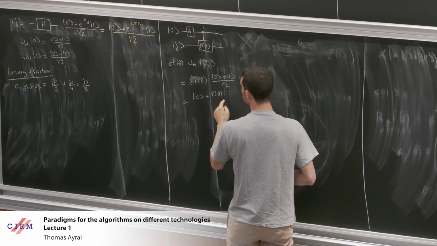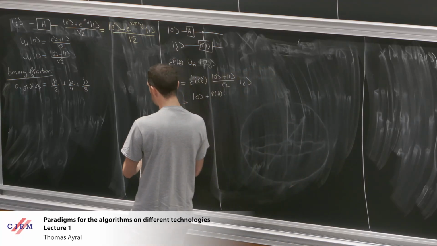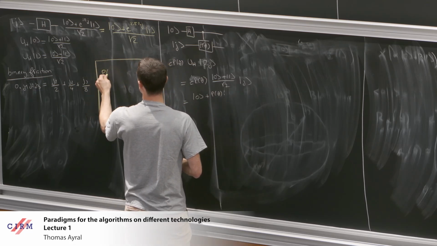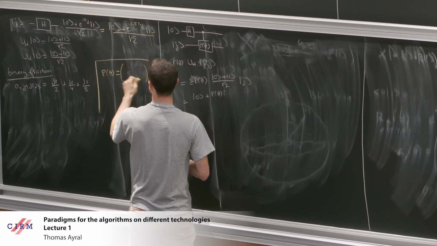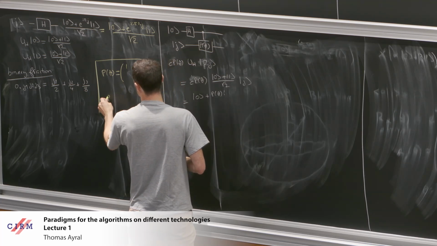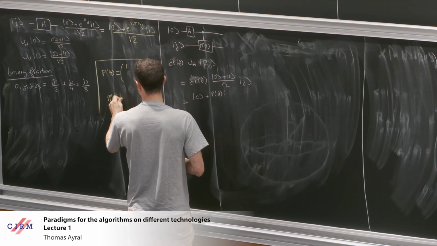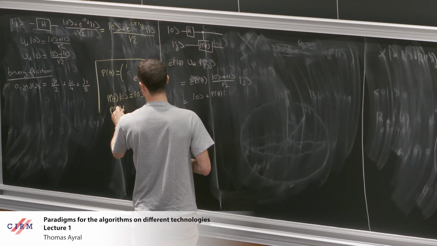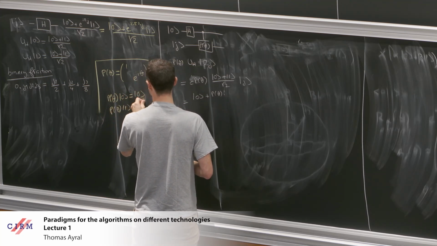Okay, what is phase of theta applied on j? Let's do it here in the small corner. So you remember that phase of theta is 1, exponential of i theta. So if I do phase theta on 0, nothing happens. And if I do phase of theta on 1, I get e^(i theta).